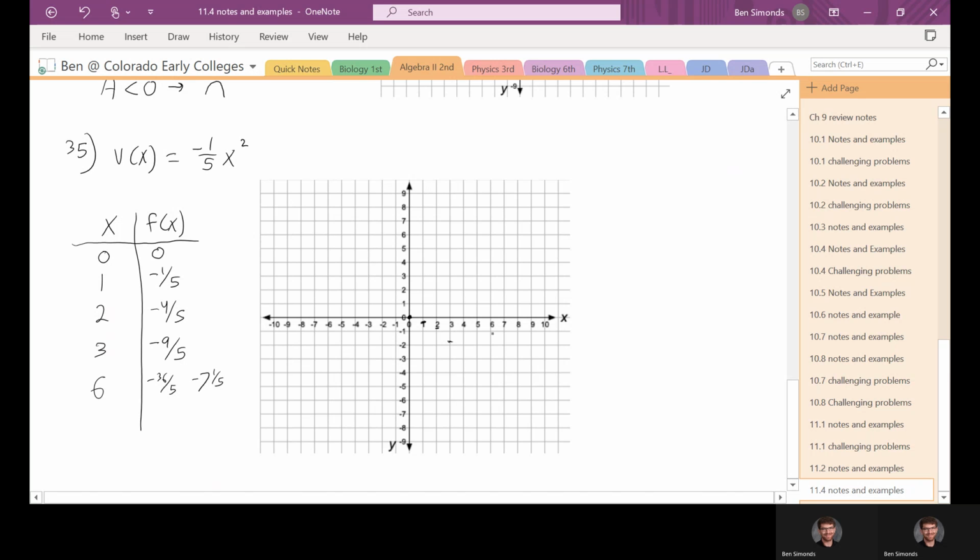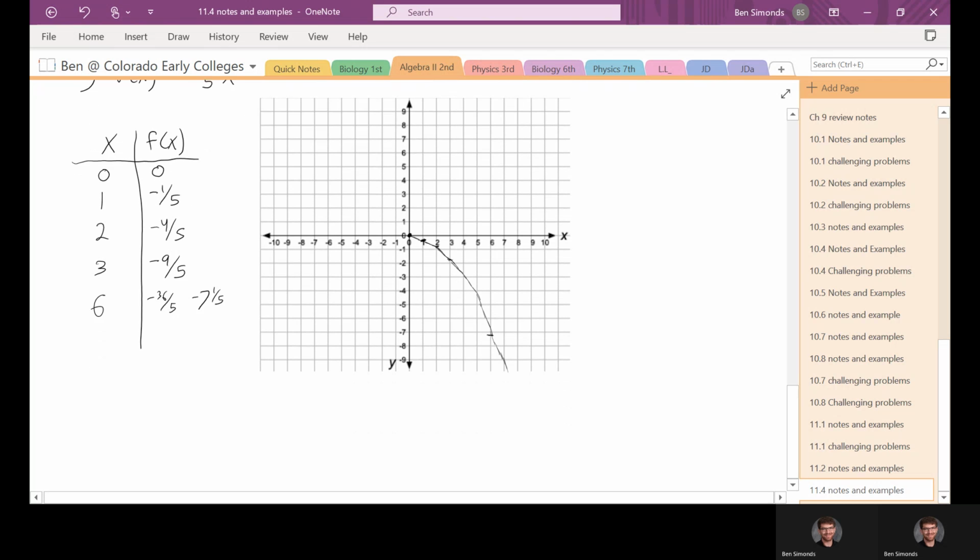So 6 brings us down finally to a little bit past negative 7. So there, something like that. So here's the positive half of things as we start off super slowly. Then we start to pick it up a little bit eventually as we go on. Now let's see what happens on the negative side of things.